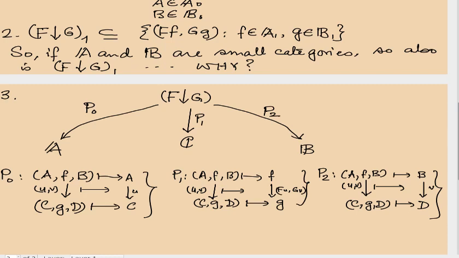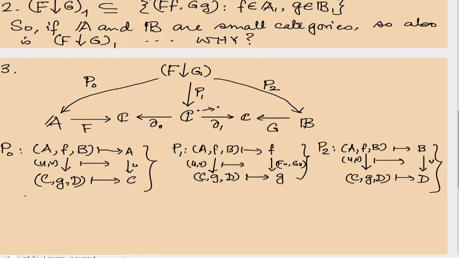That's exactly a morphism of C. Obviously there are these domain and codomain morphisms coming over here, and we have these two functors, and how we have defined it automatically tells us that F P0 is partial 0 P1 and G P2 is partial 1 P1. So this commutes.